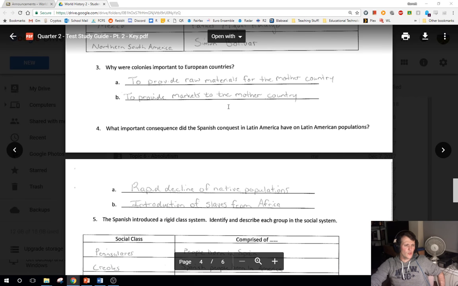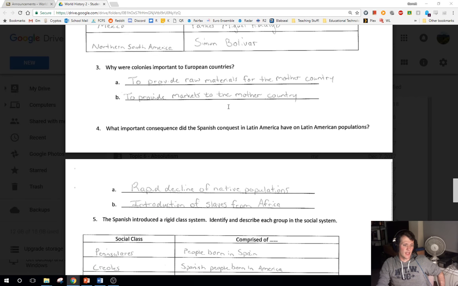So what important consequences did the Spanish conquest in Latin America have on Latin American populations? When you have Columbus come in and you have Cortez and Pizarro and their men conquering in Peru and ultimately Mexico and in the Caribbean, the diseases that the Spanish spread are actually going to kill, we believe now, over 90% of the native population in the Americas.